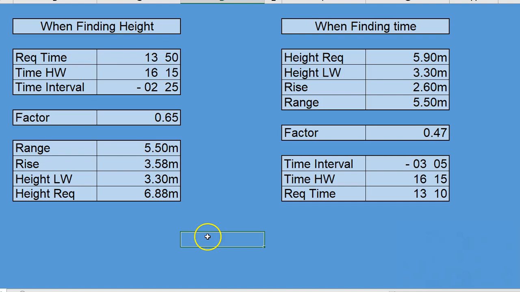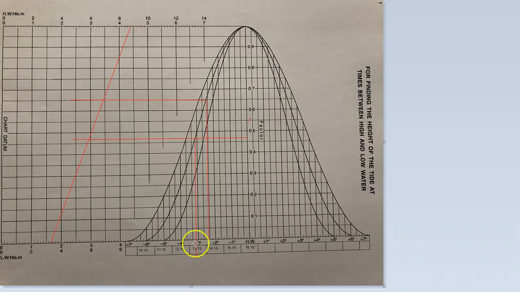So just to check that, we can go back to the graph, and like I said, we had this line running across here at that 0.65 factor. So it crosses our range line at about there somewhere. So we can now take that reading, go vertically upwards, and read from there.